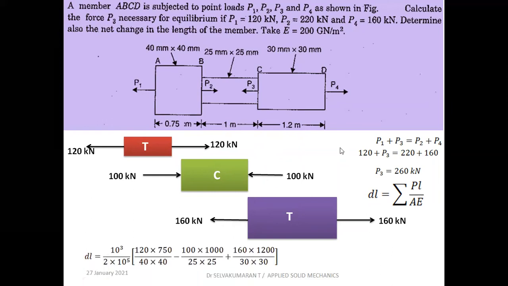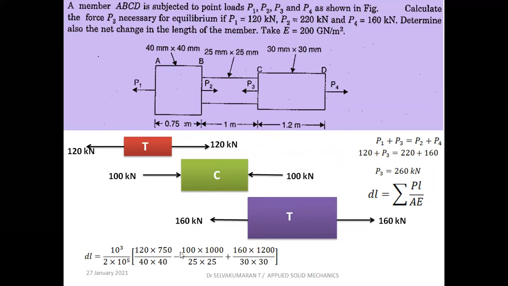Now delta L is equal to PL by AE formula. Kilonewton is converted to Newton, 10 power 3. E is the Young's modulus, 2 into 10 power 5, and P is the load, 120. Length is 0.75 meters, so converted to millimeter, 750, divided by the cross section of this section, 1 is square, so 40 into 40.